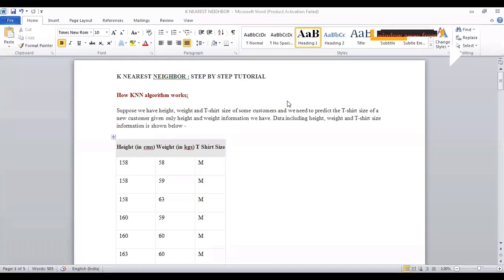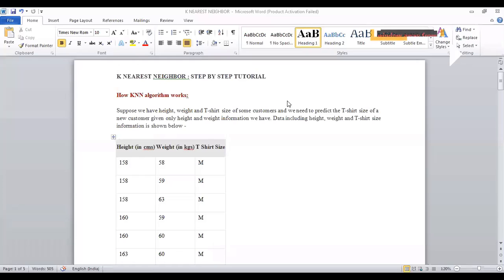Step four, among these k neighbors, count the number of data points in each category. Step five, assign the new data point to the category for which the number of neighbors is maximum. Then our model will be ready. Let's see an example for that. We'll explain in simple terms by taking this example.